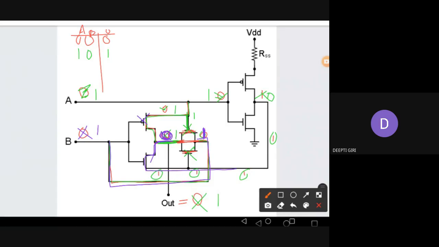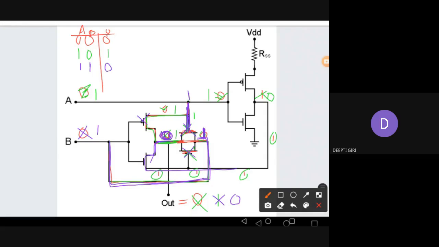At the same time, B is also 1, but the bottom NMOS is off, and PMOS is also off because A is also given 1, right? So here the output changes from 1 to 0. So when I make A 1 and B 1, the output is 0.